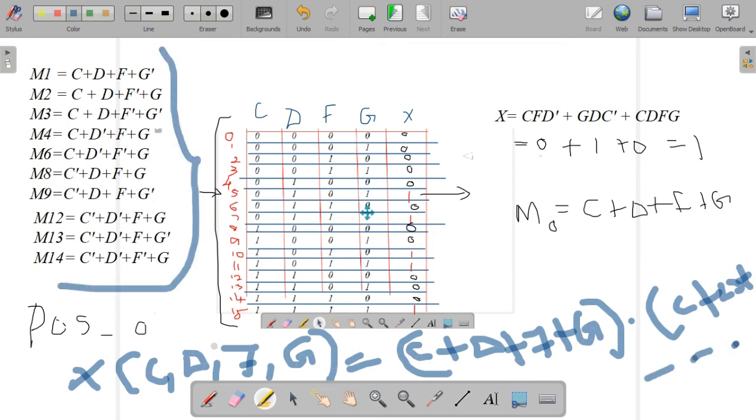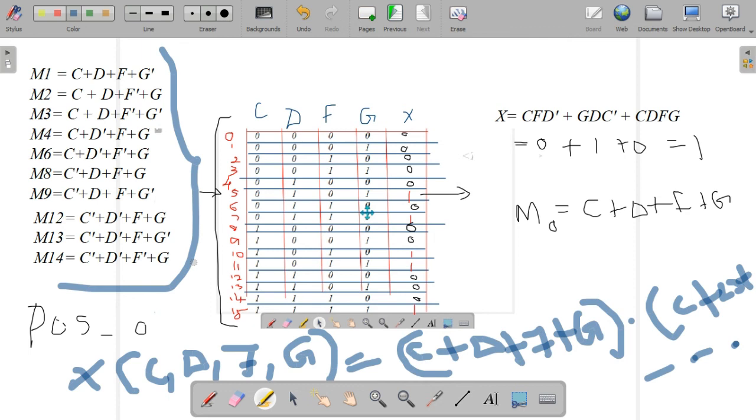First one M0, so C plus D plus F plus G, together this is M0. Then write like this, with a dot, C plus D plus F plus and so on, all the way till M14, as the expression.